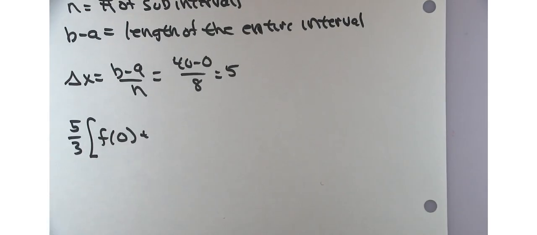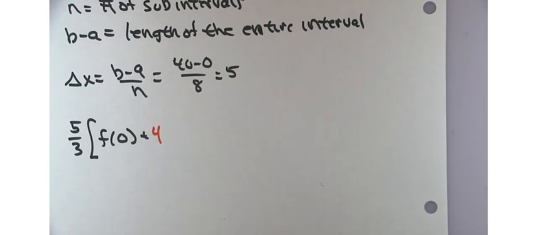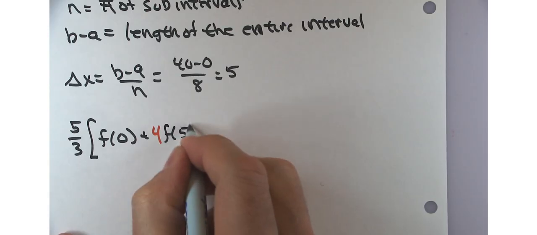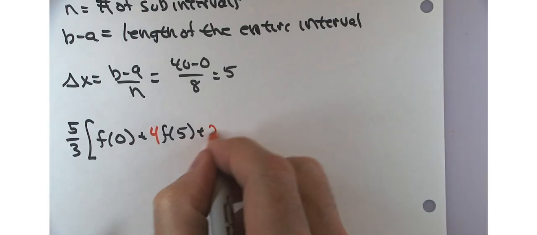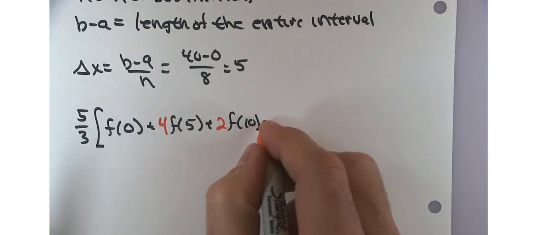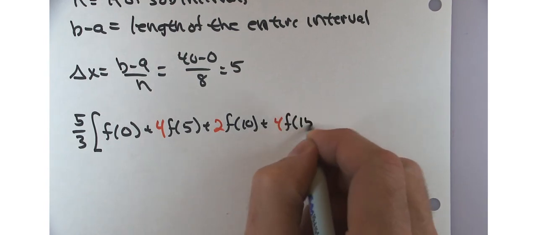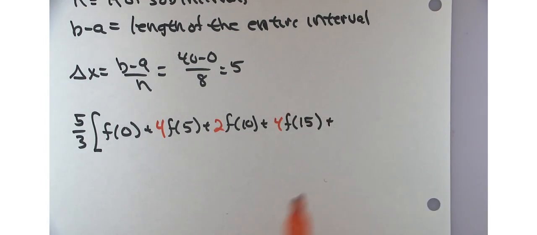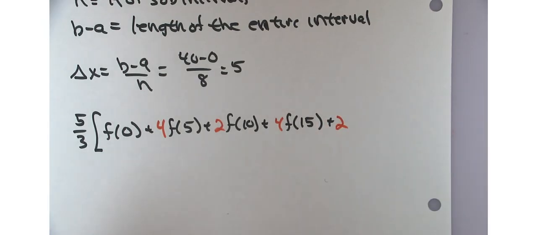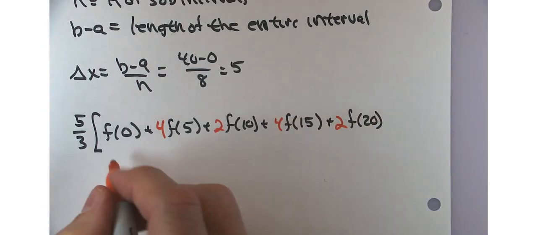And then I've got to execute that pattern. Let me try and highlight that pattern this way. It's going to be 4 times f of 5 plus 2 times f of 10 plus 4 times f of 15, and so on. This pattern is going to keep on alternating until we get to the next to last one. If you want a fancy word to impress your friends with, that would be penultimate.